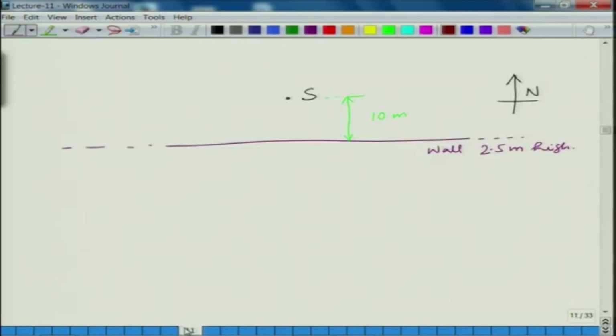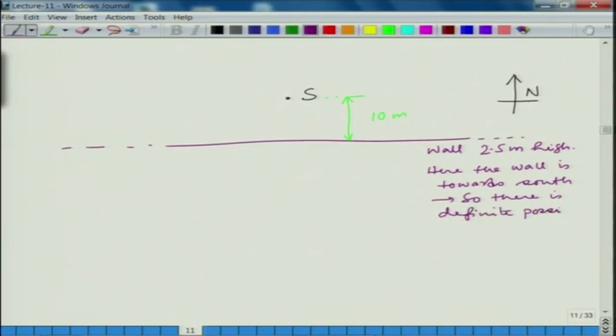Now, coming back to this problem, here the wall is towards south. So, there is a definite possibility that the sun is shaded.